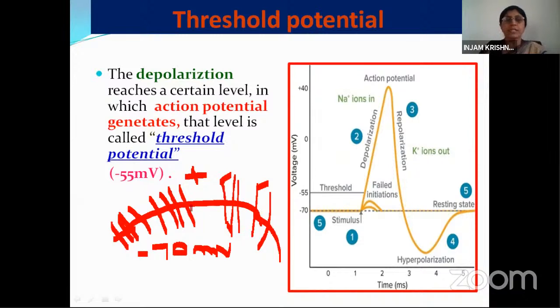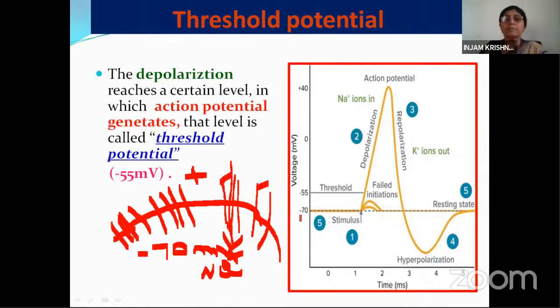There is no inactivation. After receiving the stimulation, the sodium voltage gated channels open, so there is an influx of sodium ions. When the positivity increases inside the membrane, the negativity of the membrane potential is reduced.